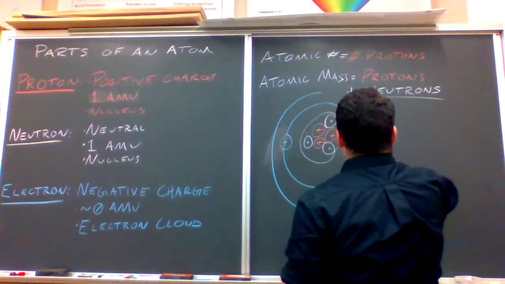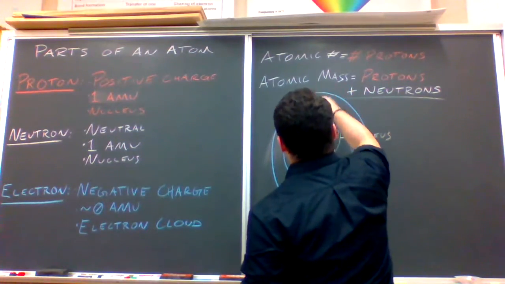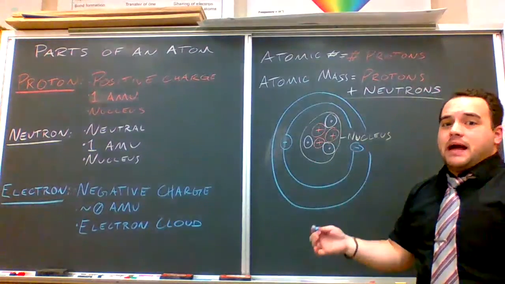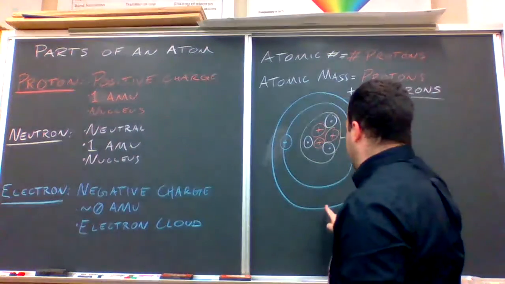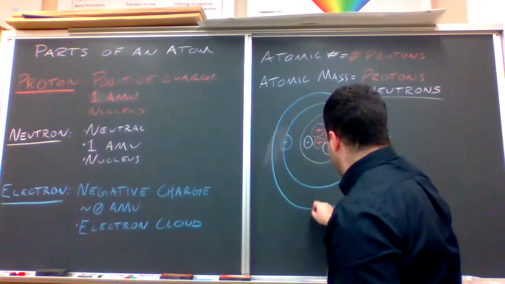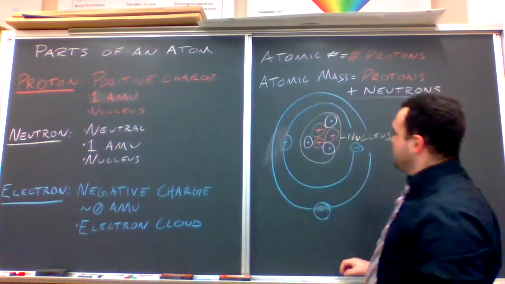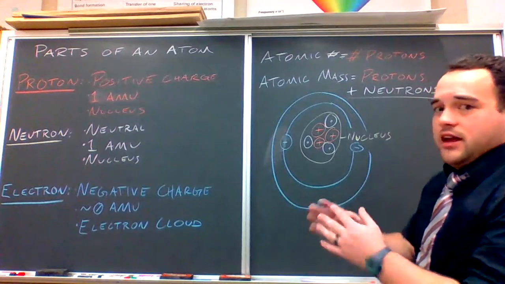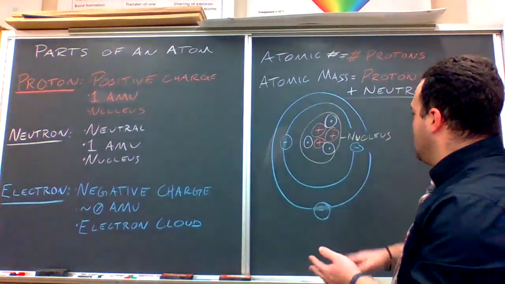Outside of that, it can hold 8. Now because we have 3 positives, I'm going to keep it balanced. 3 positives, 3 negatives. Now you'll see that we have 2 levels of electrons, 2 layers of electrons.